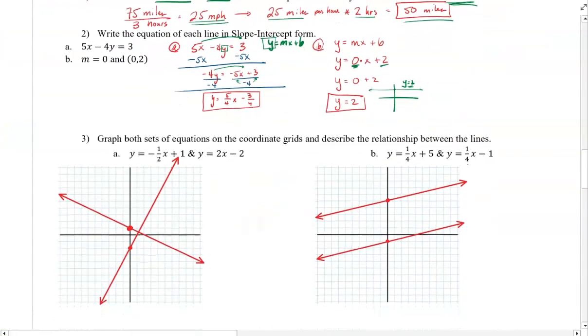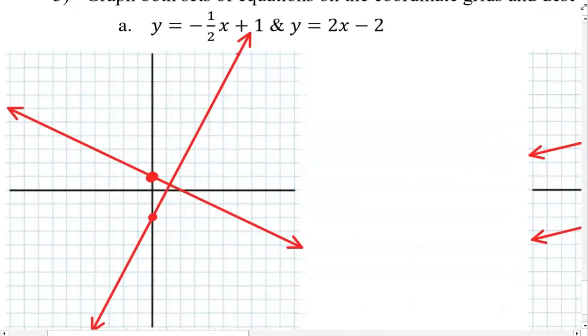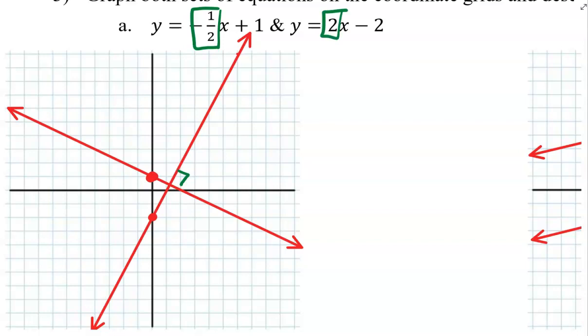Now finally, 2 sets of examples here. In part A, we were just graphing these 2 slope-intercept equations. And when you were done with that, I had hoped that you recognized these 2 lines appear to meet at a 90-degree angle. And if we recall, this would have been indicated by looking at our slopes. If we had our slope of -1/2 and a slope of 2, think of that as negative 1 over 2 compared to positive 2 over 1, if you will.